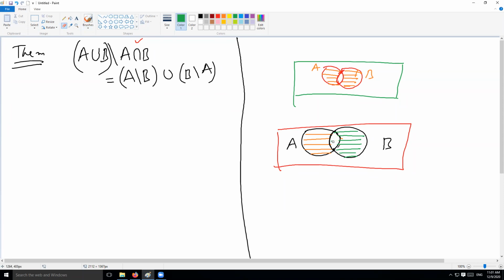This is really the part that is common with A. Okay. So in other words, this part is your A minus B, and this part is your B minus A. And if you put them together, you're going to get precisely the same, this part and this part. Okay. So that's really the pictorial proof of this.